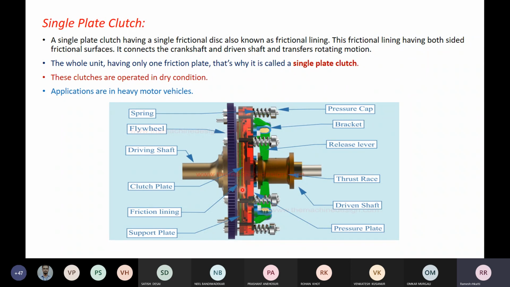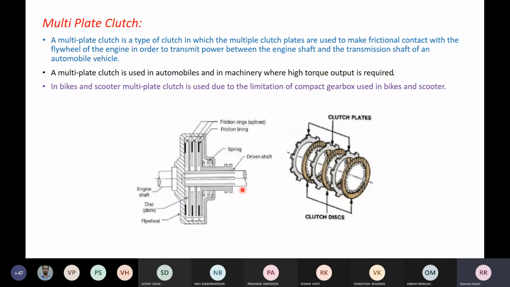This is about the single plate clutch, and the next one is the multiple or multi-plate clutch, or multi-plate disc. As the name indicates, it has more plates or discs.